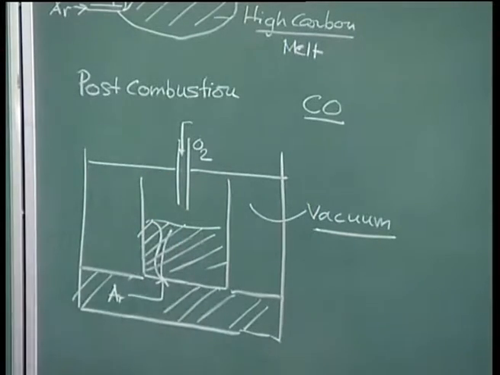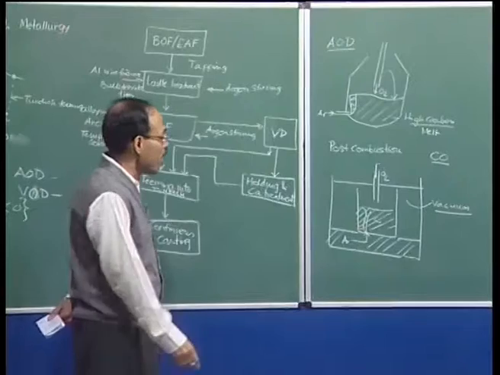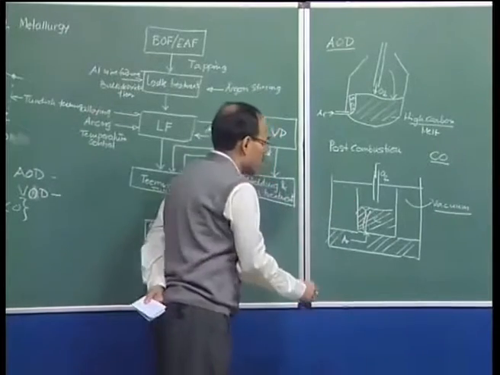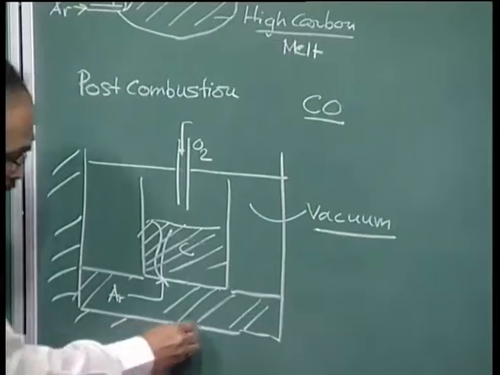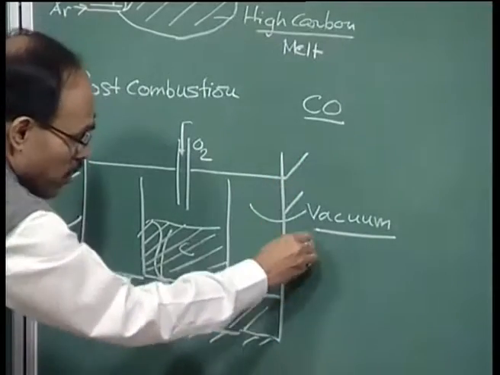Oxygen gets preferentially dissolved, and this bath contains carbon, a high carbon melt, and then the carbon oxygen reaction takes place. Because this entire container is under vacuum, in a sealed environment, this reaction goes on.